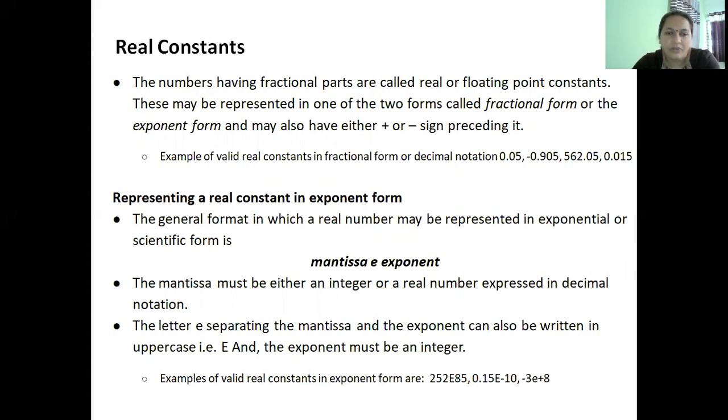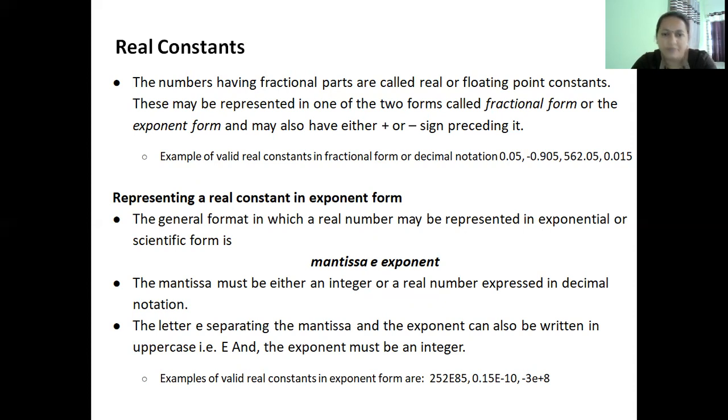There is yet another form called exponential form, in which we can represent a real constant. This form contains two parts, mantissa and exponent, which is represented by either small e or capital E. Some examples of valid real constants represented in exponent form are 252e85, 0.15e minus 10, minus 3e plus 8.